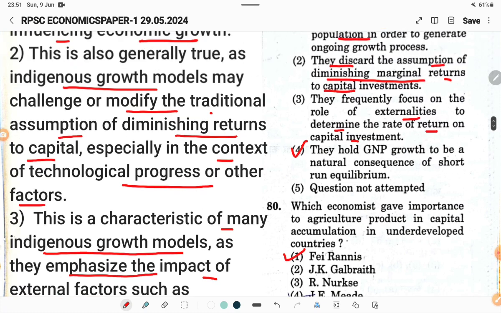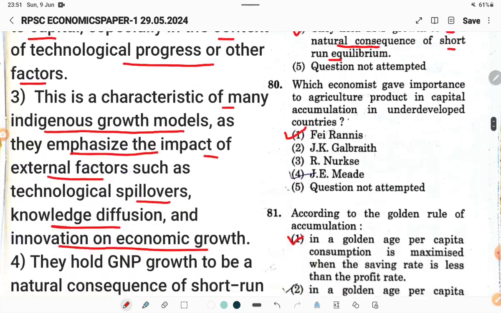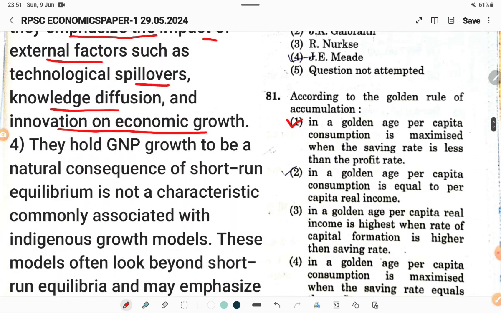And the last statement is they hold GNP growth to be a natural consequence of short run equilibrium. This is not a characteristic commonly associated with endogenous growth models.